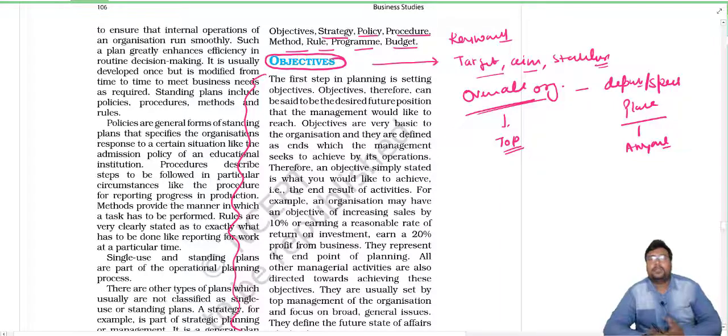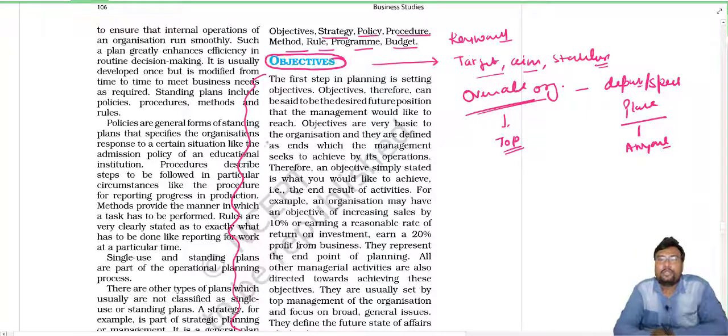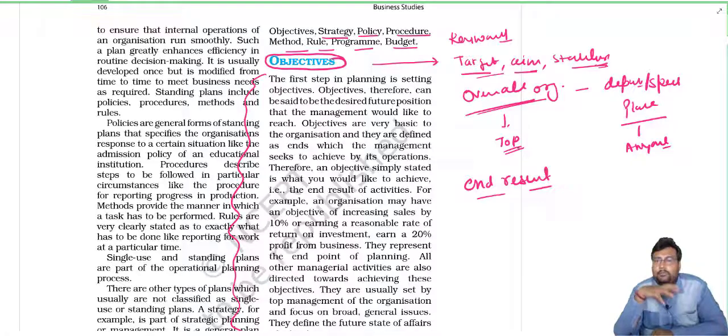Targets are also known by one more word, end result. The end result you have to achieve is your target. So keywords like target, aim, and end result are there. When these are present, that is basically the objective plan.